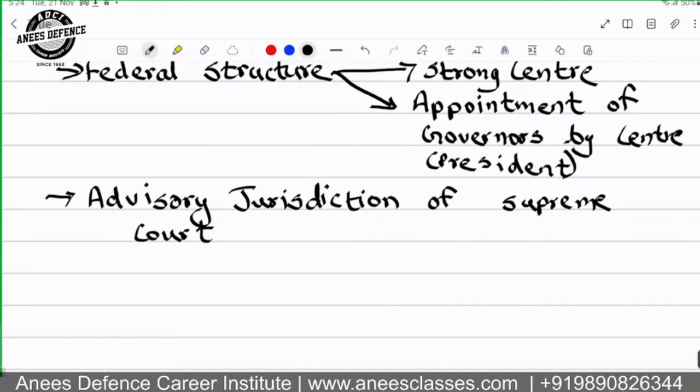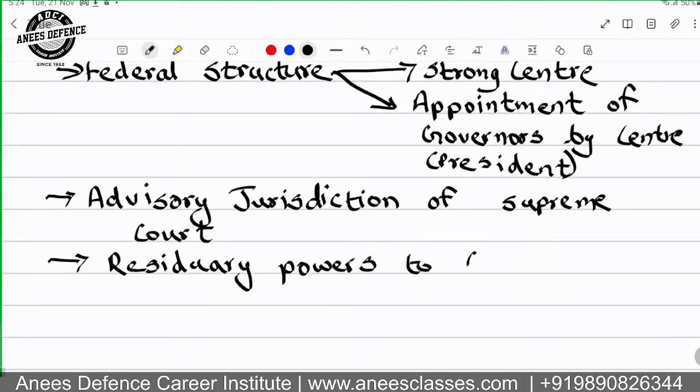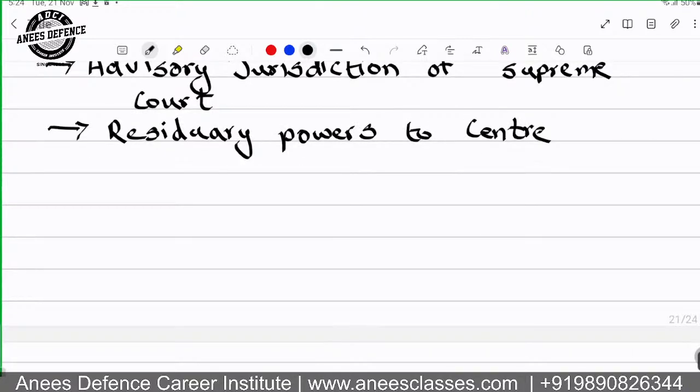Next is residuary powers to the center. Actually, the Constitution contains three lists in the seventh schedule.